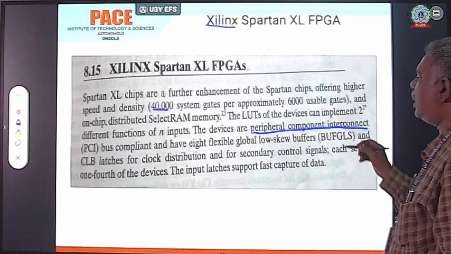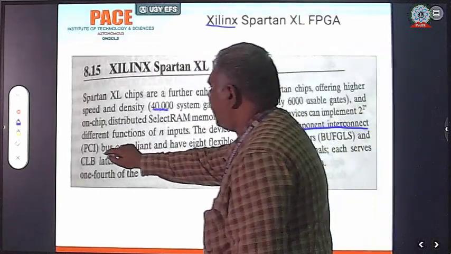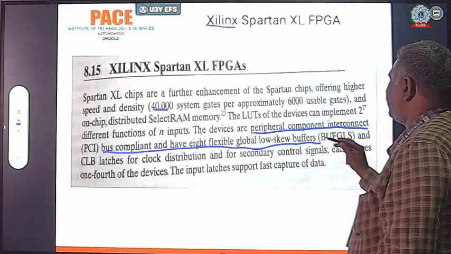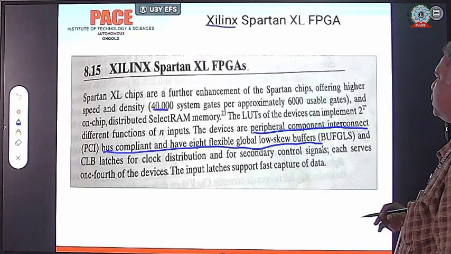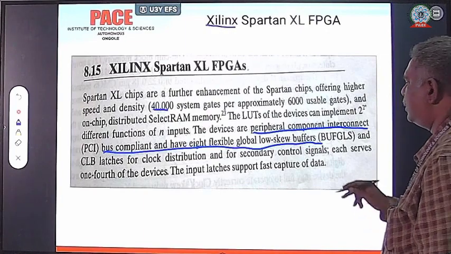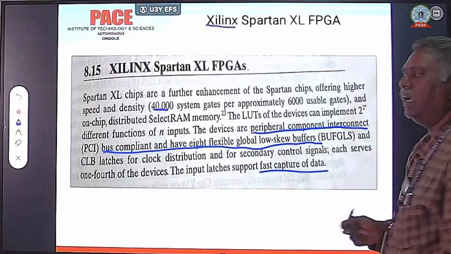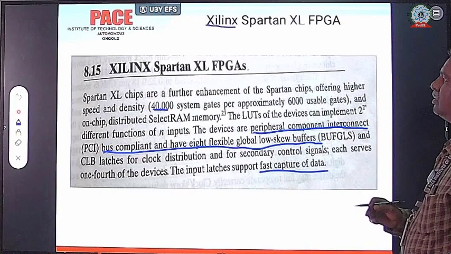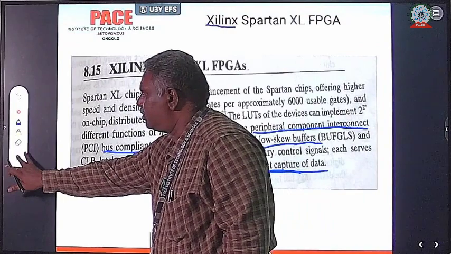One more advantage is that it is bus compliant and has 8 flexible global low skew buffers, which is also an important consideration in Spartan XLs. The advantage is fast capture of data. With this Spartan XL, very high speed data can be operated. These are the advantages.